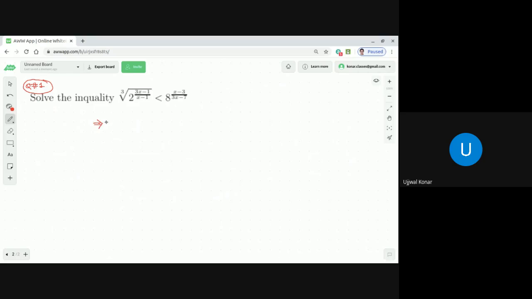We can write 2 to the power (3x minus 1) by 3 into (x minus 1) is less than 2 to the power 3 into (x minus 3) divided by (3x minus 7). All of you agree with me? Dear students?